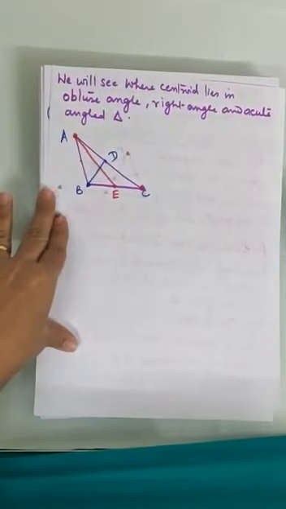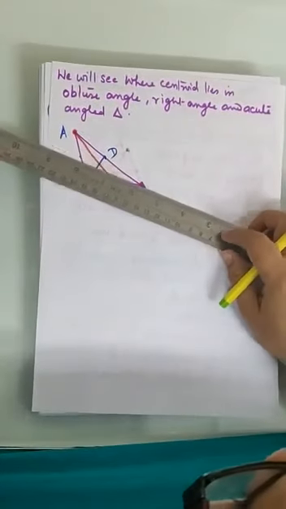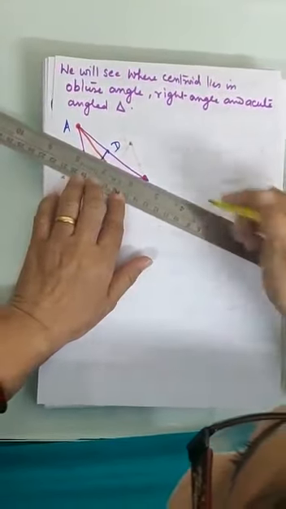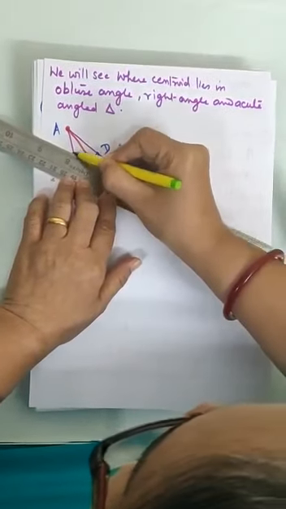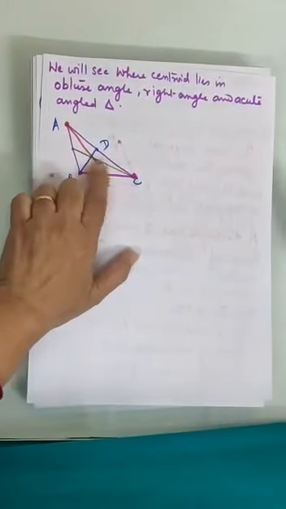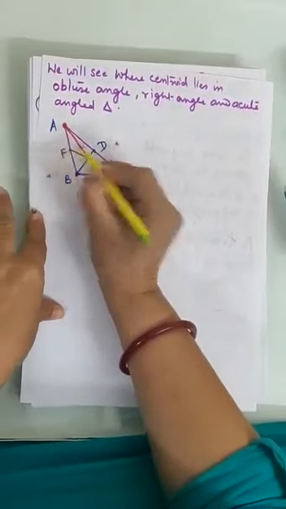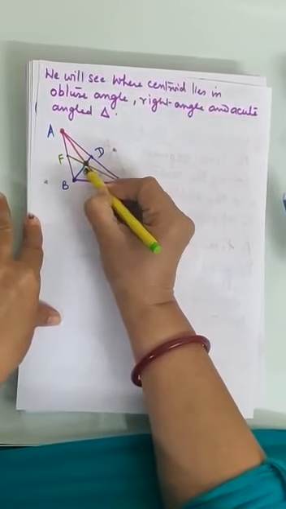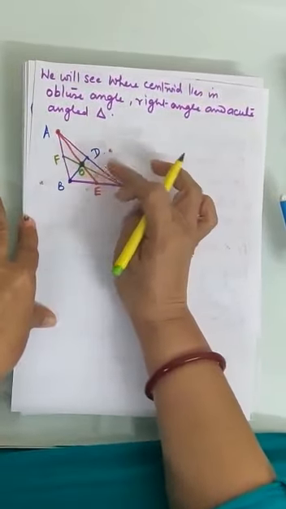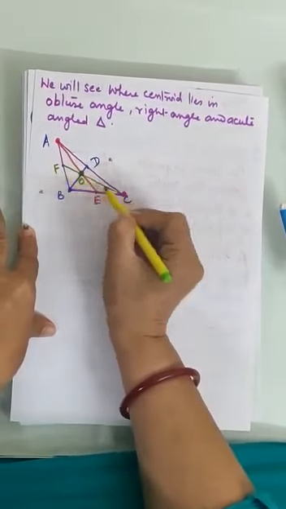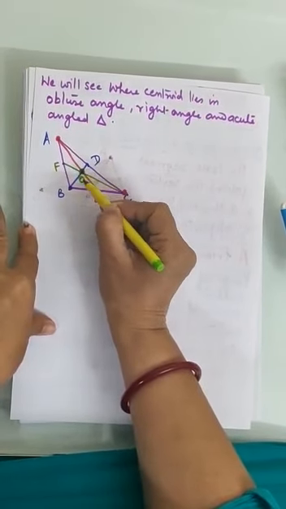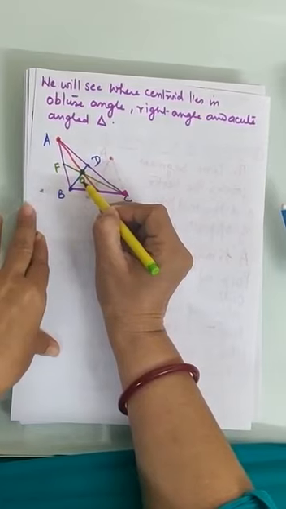So now we join this. So this is the third median. Let us mark it F. Point of intersection here is O. So what do we see? That in obtuse angle triangle, all the three medians intersect at one point O, which is in the interior of the triangle.